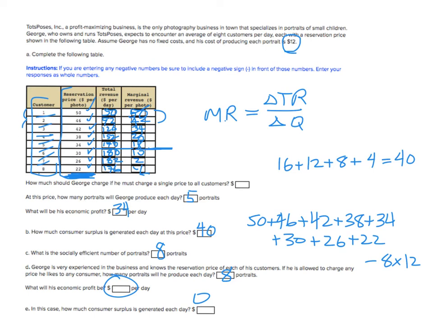So 38 plus 34, 72. The third one, he makes 30. That's 102. The fourth one, he makes 26. That's 128. The fifth one, he makes 22. That's 150. The sixth one, he makes 18, 158. Seventh one, he makes 14.